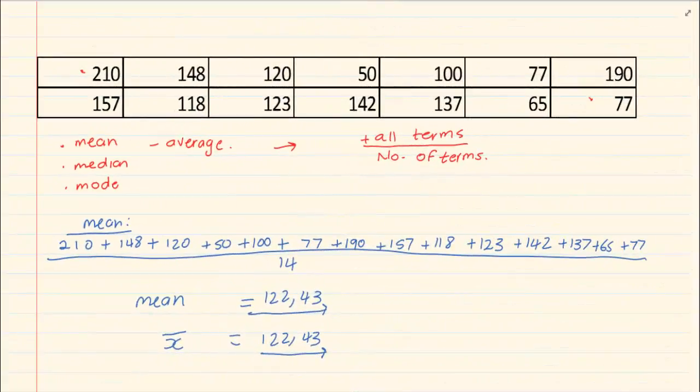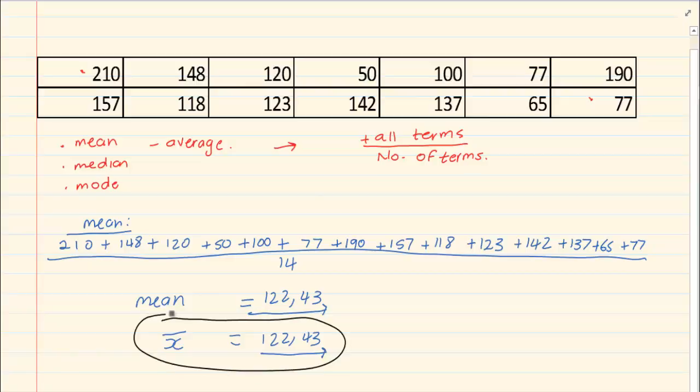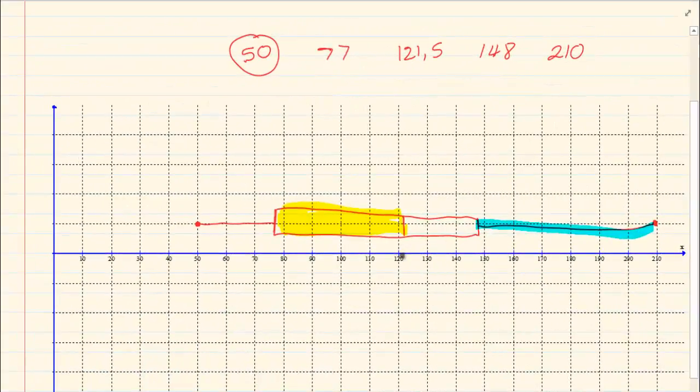We had calculated the average, and the average was 122,43. Now remember, the median was 121,5. And now they are telling us that the average is 122,43. So what happened now?